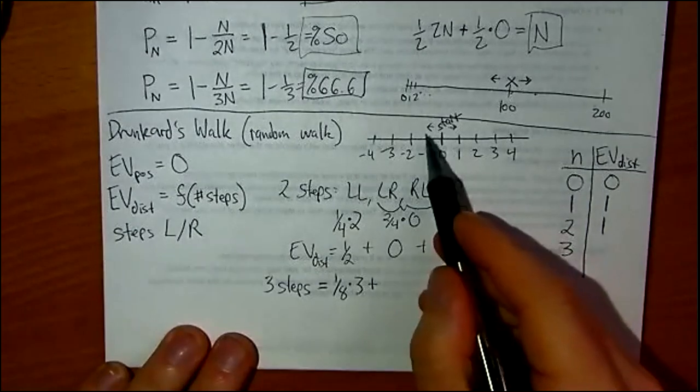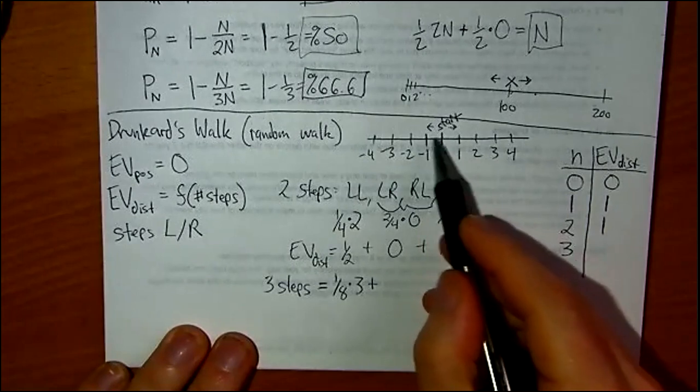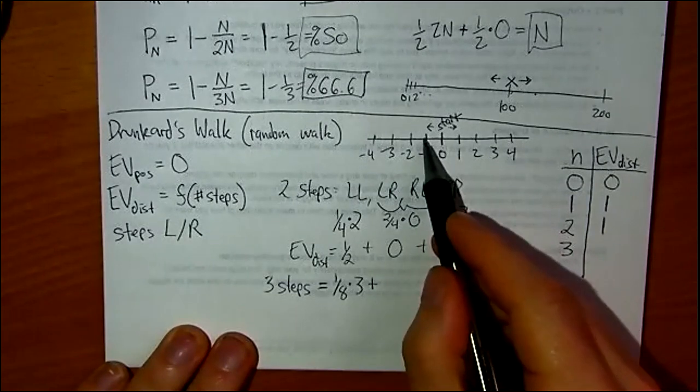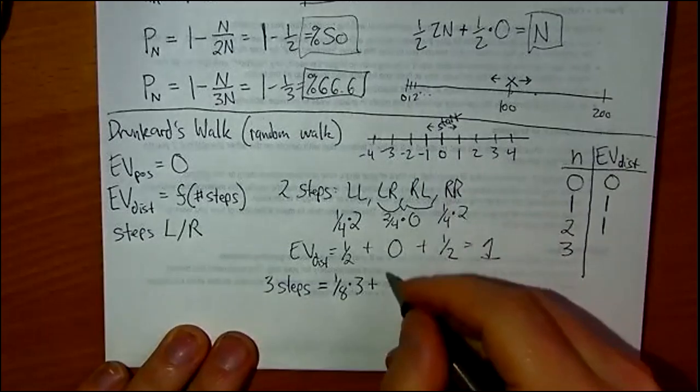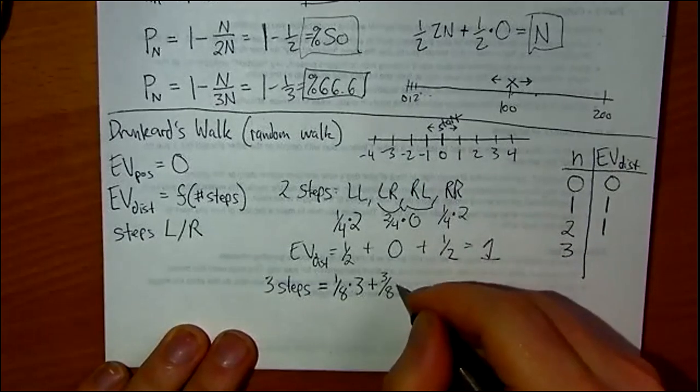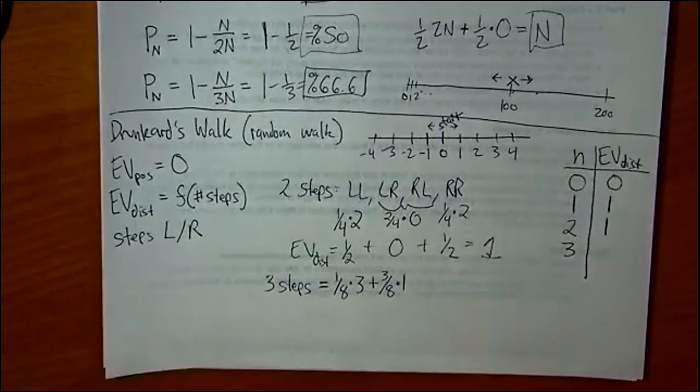I could go left, right, left, or right, left. So 3 out of 8 ways of doing it times a distance of 1 from the origin, right? What else could happen? So the expected value is the largest number in the row of Pascal's triangle. Not quite. Not quite.